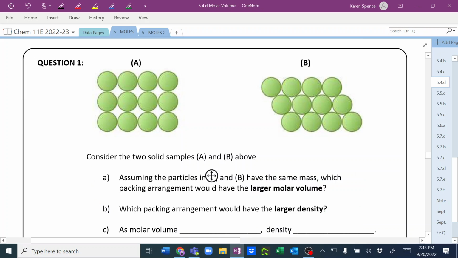Consider those two solids. Assuming that A and B have the same mass, which packing arrangement would have larger volume? A or B? A, why? There's more space, yes?